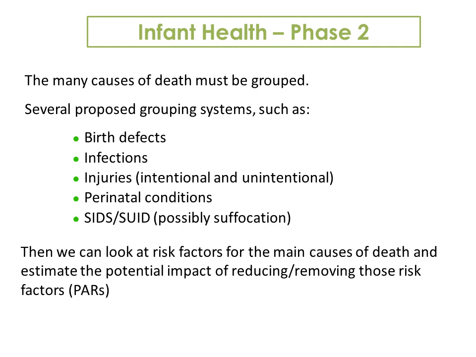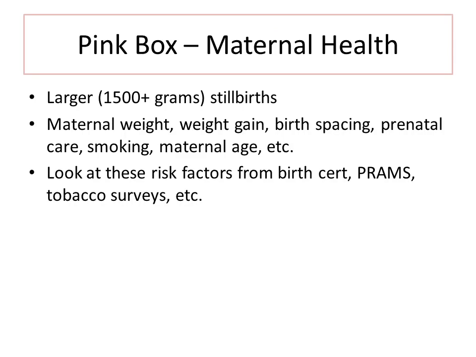So going back to infant health, you group them based on their chapter, and then you look at, again, the potential impact of reducing and removing those risk factors. For the pink box, the maternal health box, we don't have a specified protocol for this one or the yellow box, but these include the larger stillbirths.